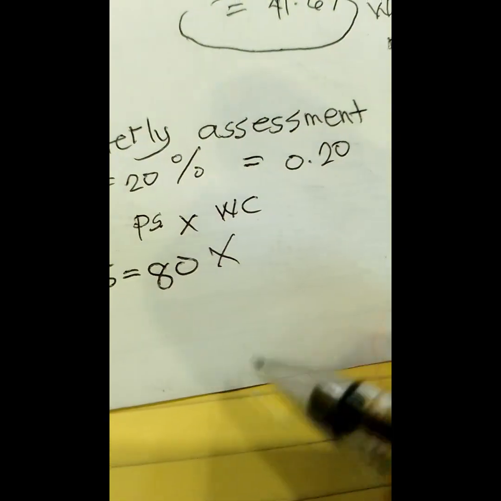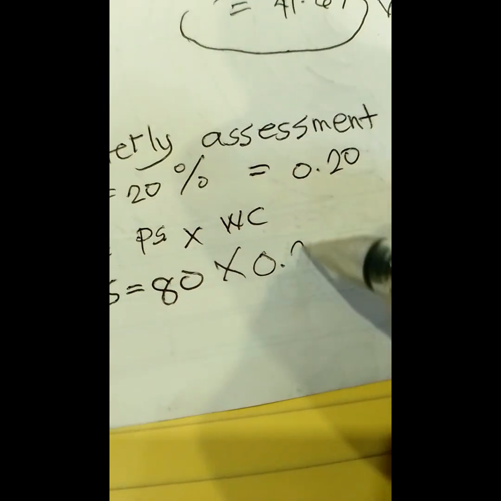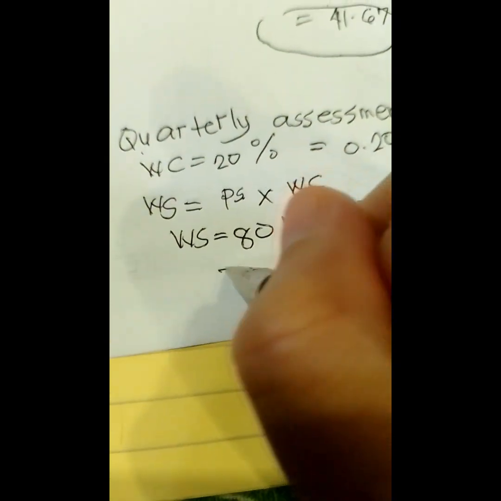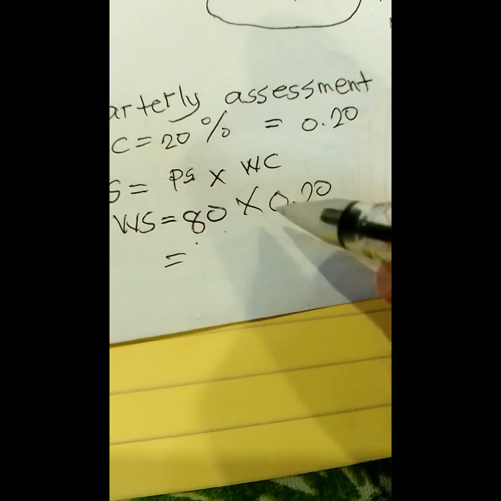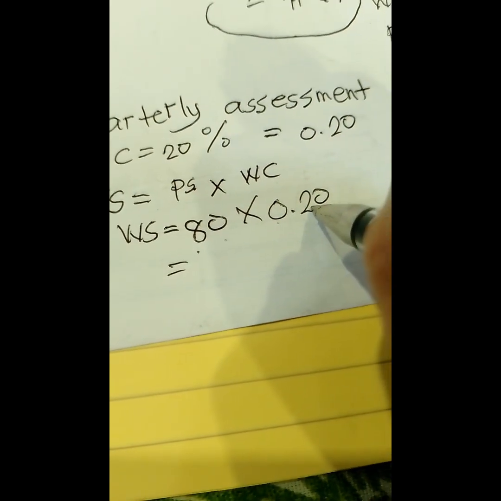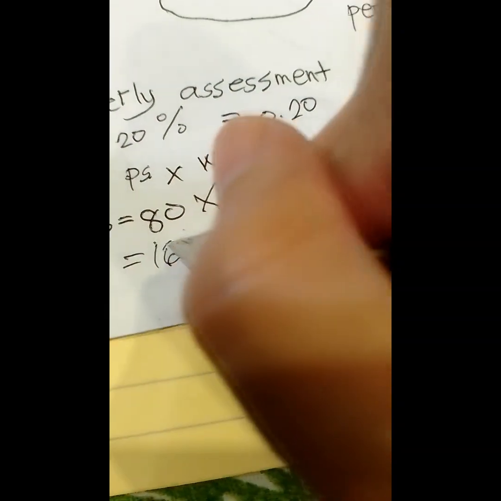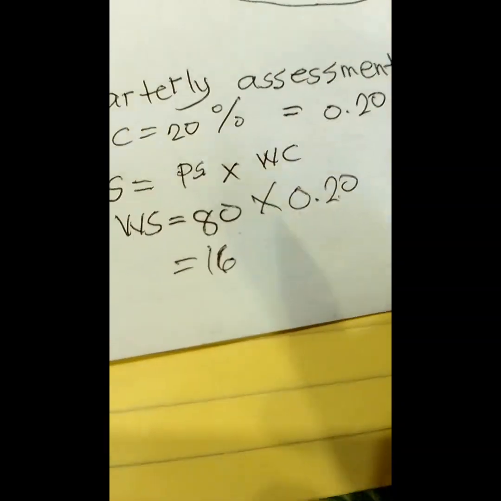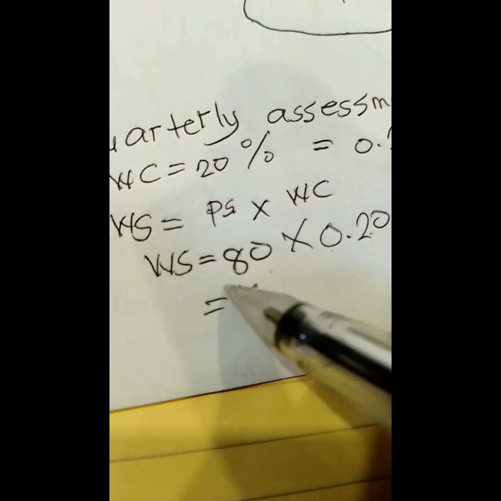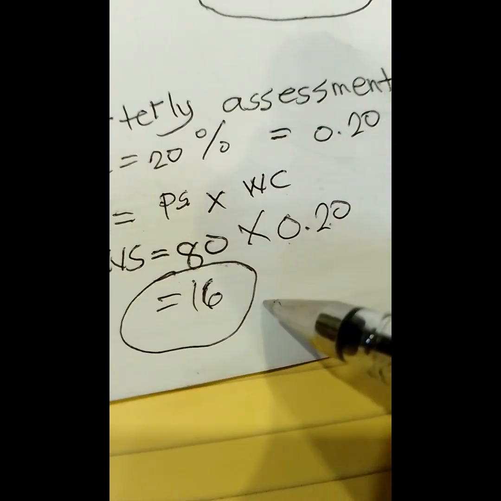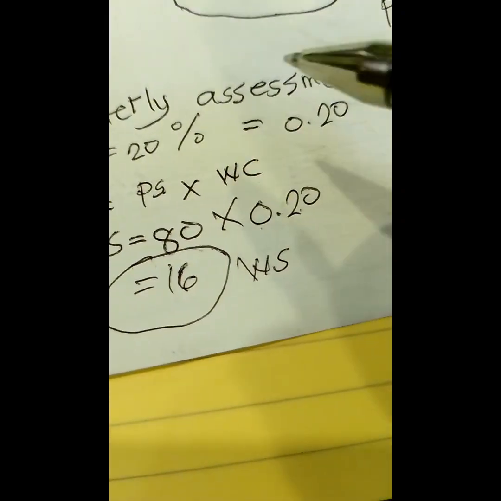80 multiplied by 0.20 is equal to 16. So 16 is the weighted score for quarterly assessment.